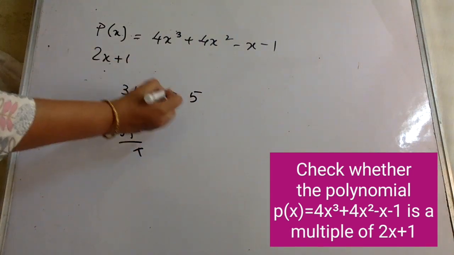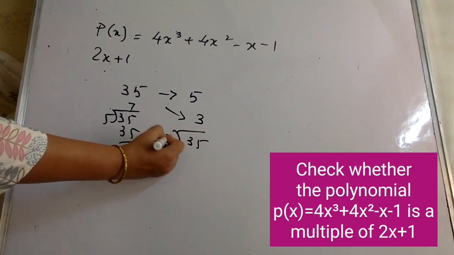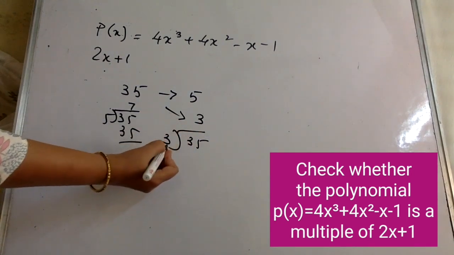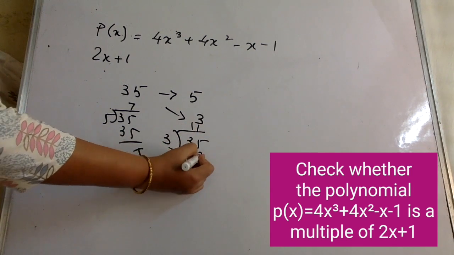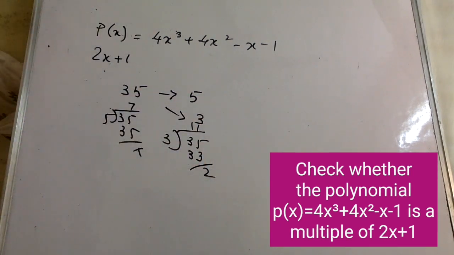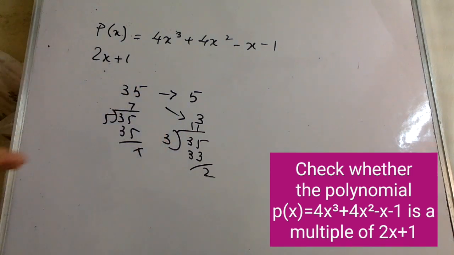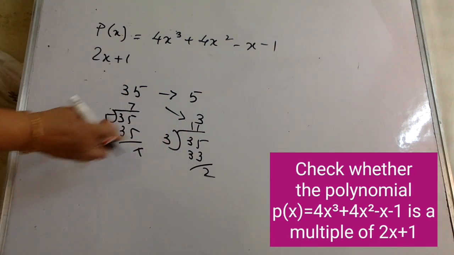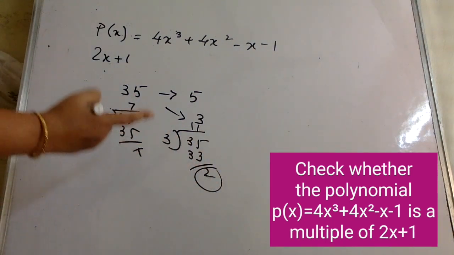Supposing I would have asked, is 3 a multiple? You carry on the division, and then what do you get? You get 11, and a remainder of 2. So 35 is definitely not a multiple of 3, because we have got a remainder.